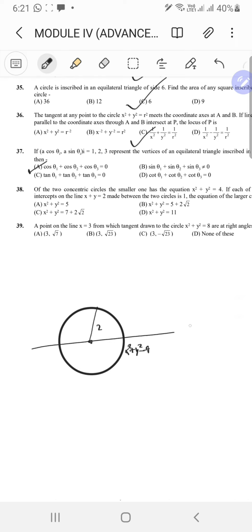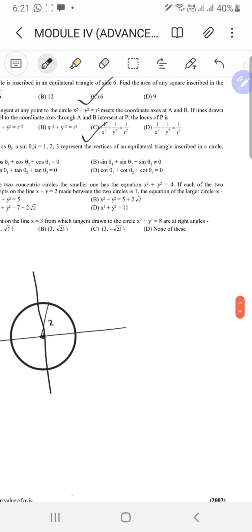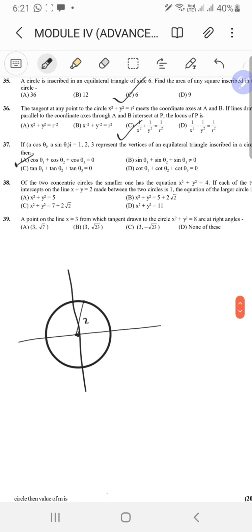Okay, so now we also need to graph everything. Let's just deal with that. Right, so this line is x equal to 3, no, not x equal to 3. Oh, wait.